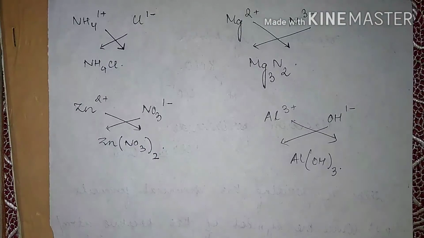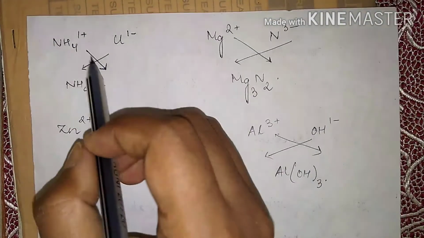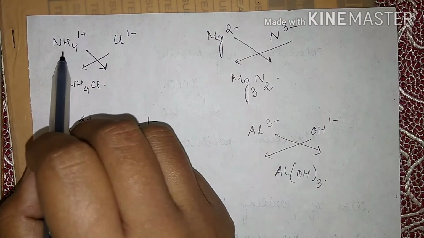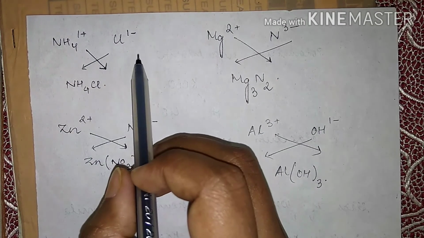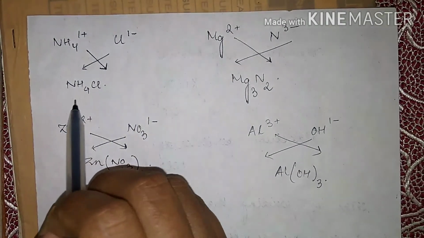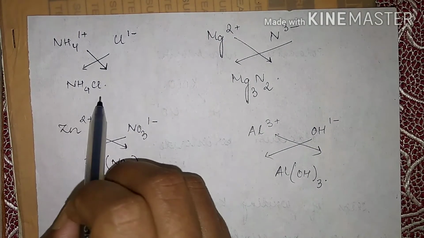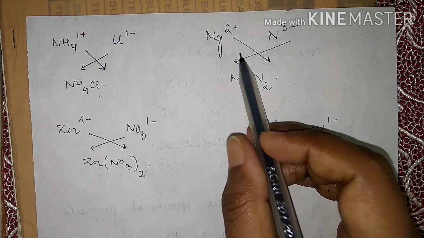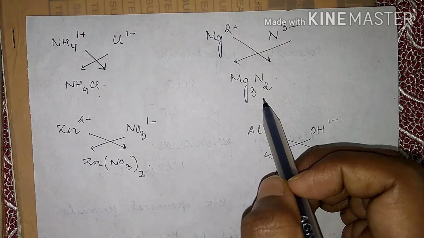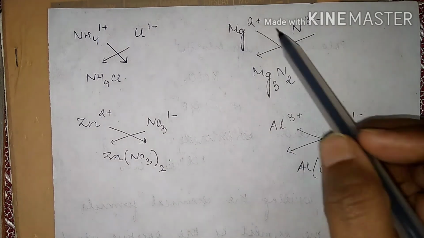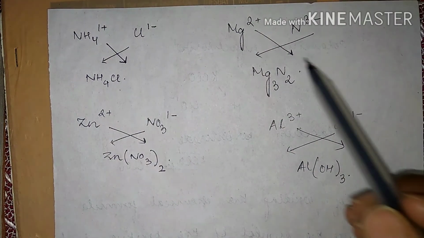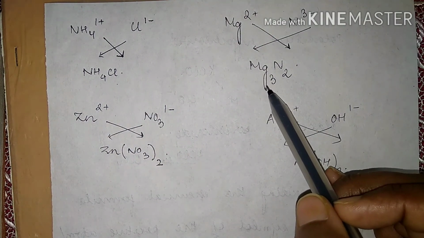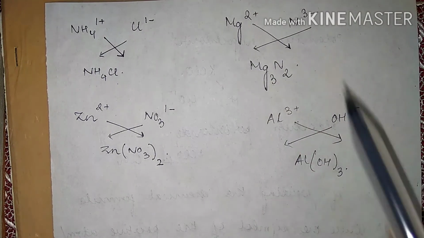Now some examples we have is ammonium chloride. The valency of ammonium radical is 1 positive and chlorine is 1 negative. So after interchanging we have NH4Cl. Second we have magnesium nitride. Valency of magnesium we know is 2 plus and nitride with 3 negative. After interchanging it comes out to be Mg3N2.